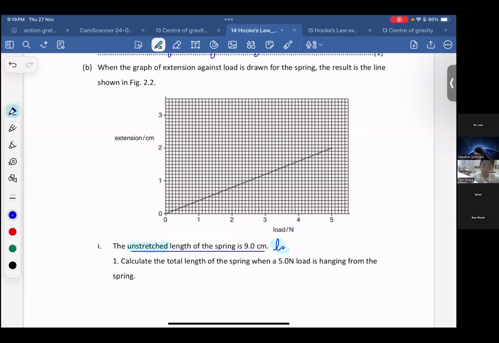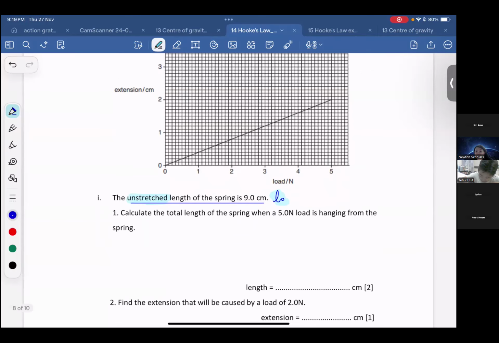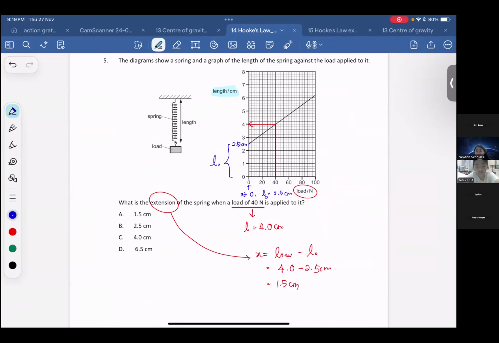When 5 Newton, what is your total length? Boys and girls, 2 marks. Tell me your answer. Can you go back to the page? The rest of the boys and girls, 6B1. Calculate total length. You do the calculation right now. Okay, Angeline correct.